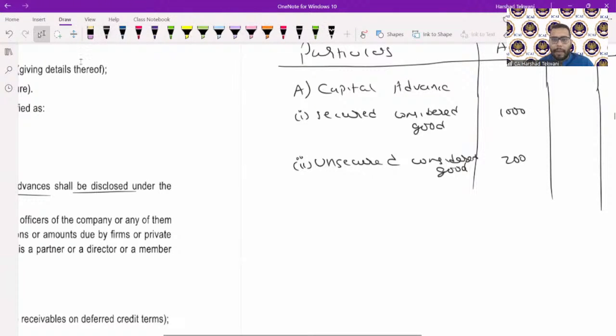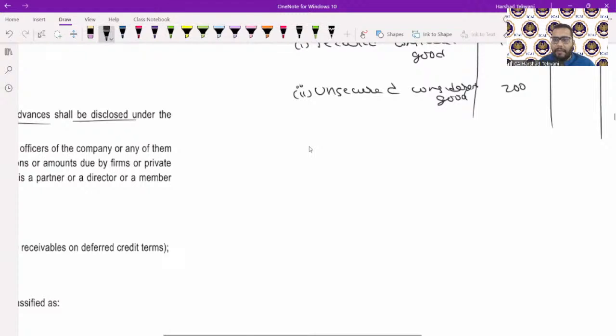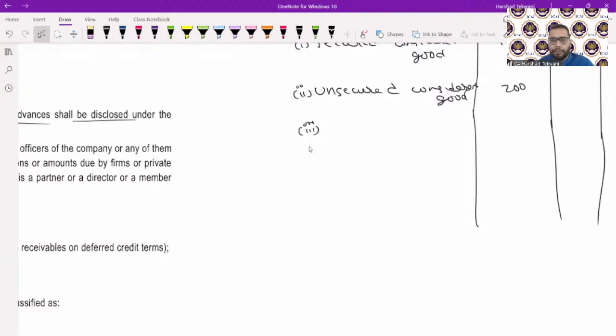Okay. Then again, I will have the third bifurcation, doubtful. Now for the doubtful, let's say 300. Now I need to provide separately details of the allowance for the doubtful one.